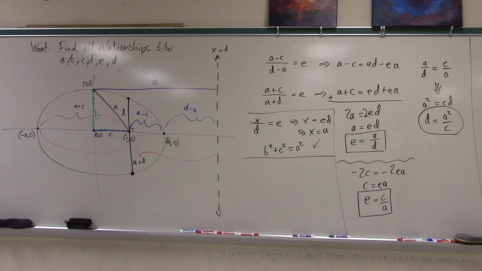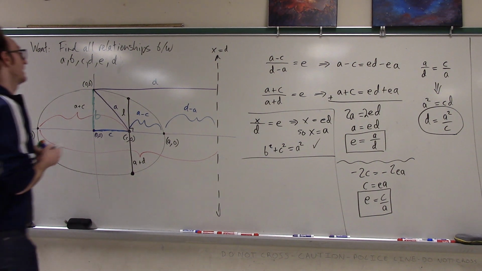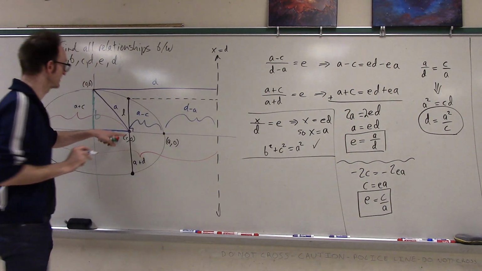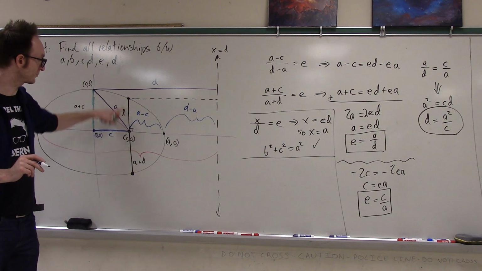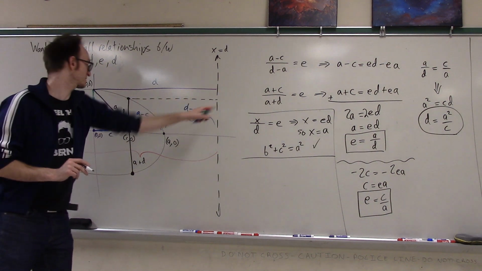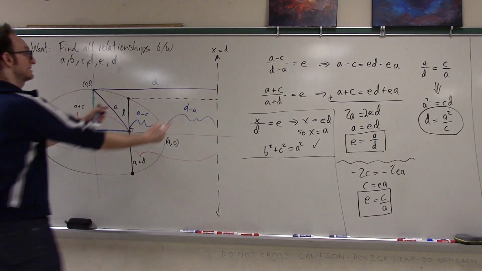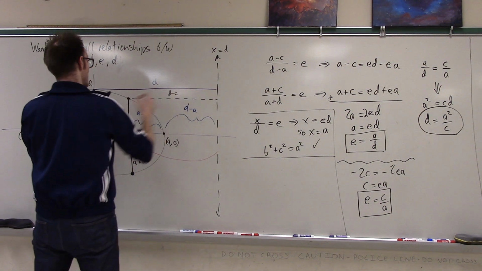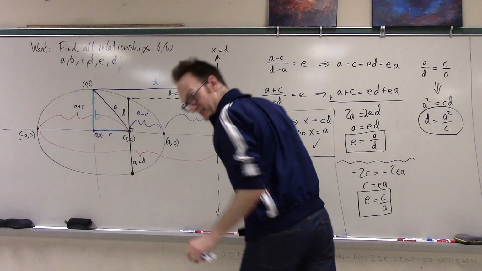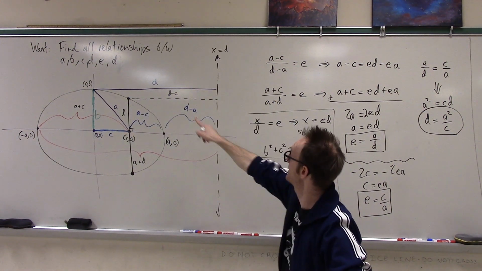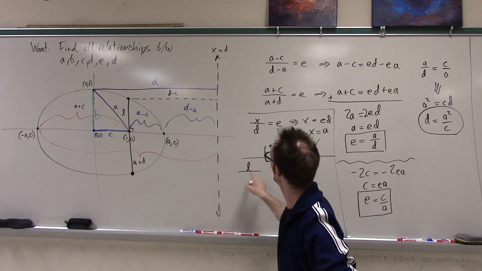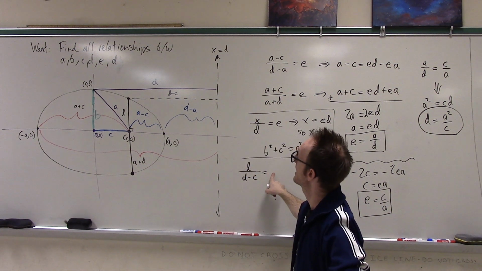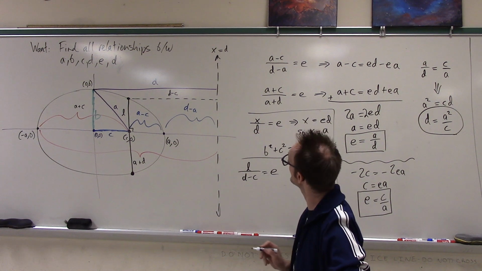And so, what is the distance from that point at the end point of the latus rectum to the focus? Well, it's just L, and the distance to the directrix is, this distance is D minus C. And so, I can tell you that the distance to the focus, L, over the distance to the directrix, D minus C, equals E, the eccentricity.